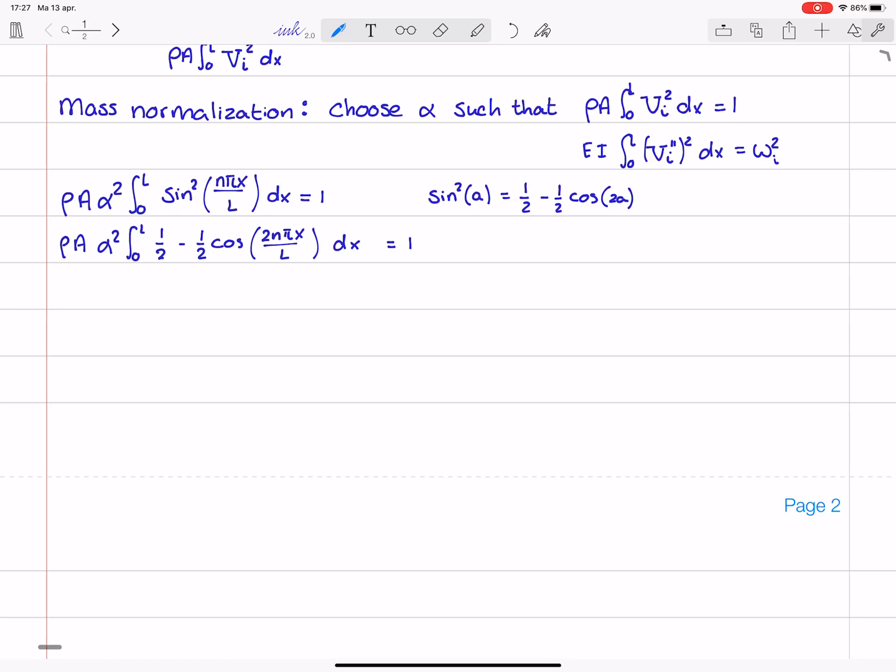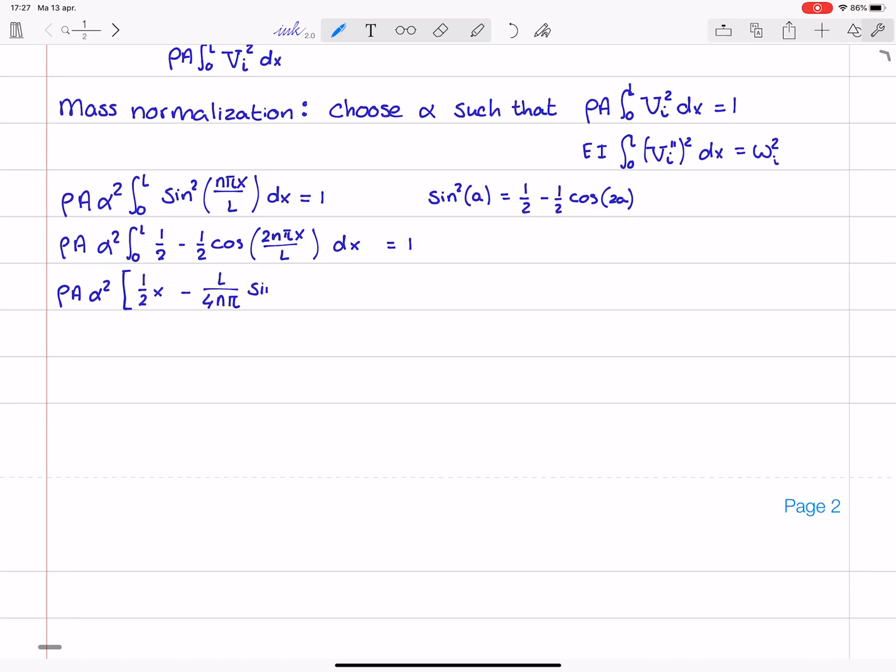If we carry out the integration, we get rho A alpha squared, and then we have a half x, minus, with 2n pi in the denominator, so that becomes 4n pi, and in the numerator L times the sine of 2n pi x divided by L, evaluated at boundaries 0 and L, and this must be equal to 1.